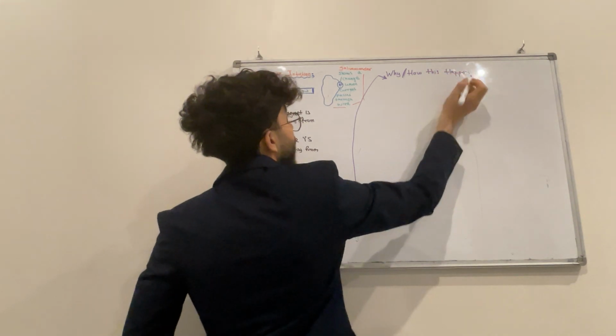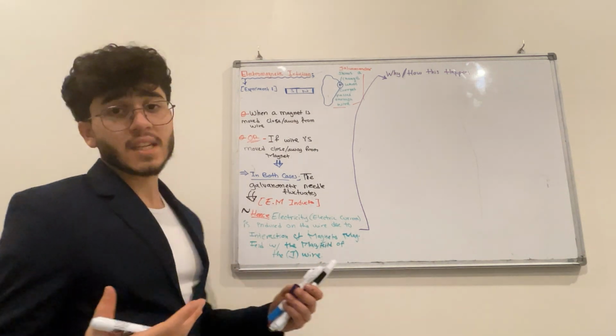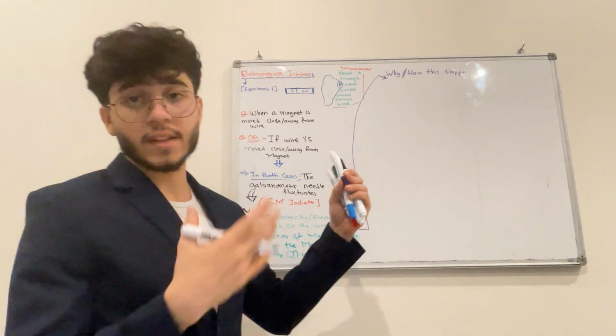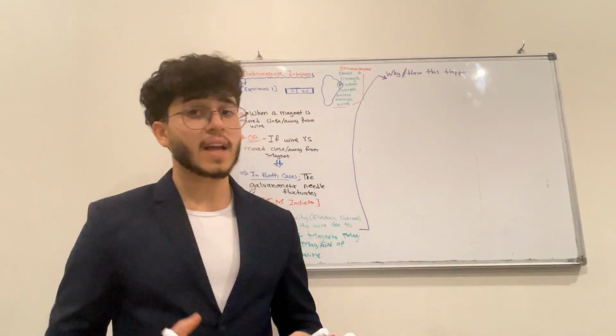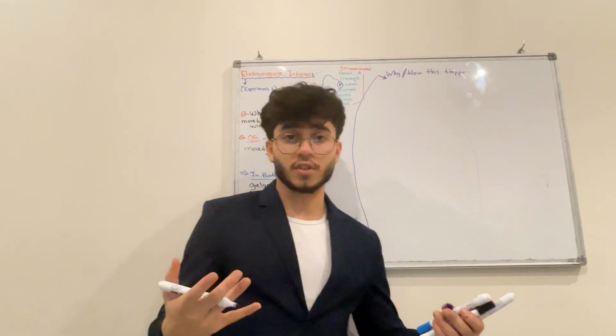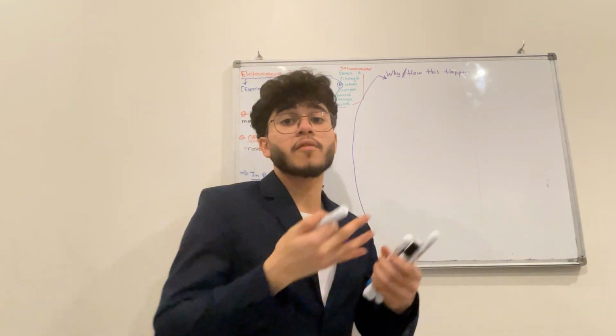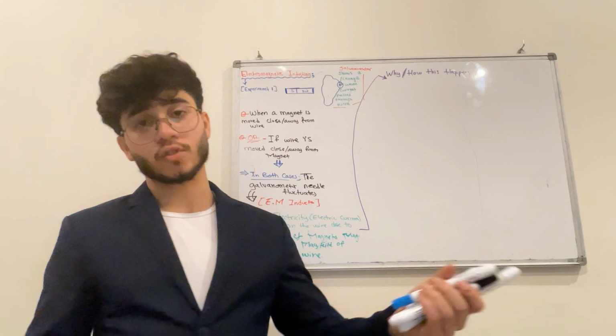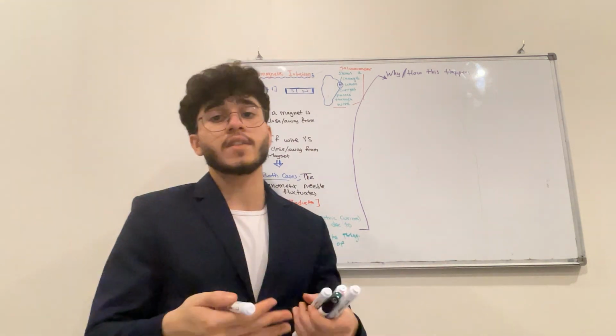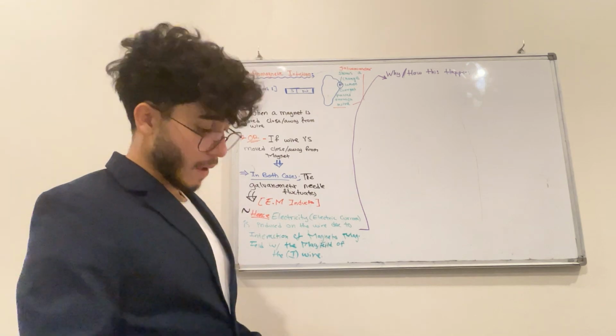Okay, so we know interacting magnetic fields of the magnet and the wire will produce a current. But how is the current produced exactly? What is actually happening inside the structures to produce this current? What's happening to the electrons? How are the electrons being forced to flow? Because electricity is flow of electrons. How does interacting magnetic fields even cause the electrons to flow? Let's have a look at that, okay?